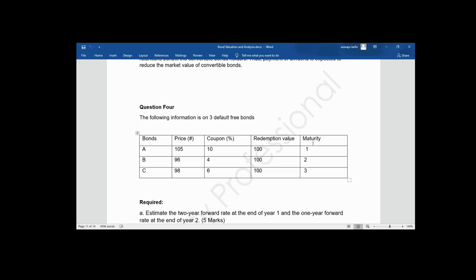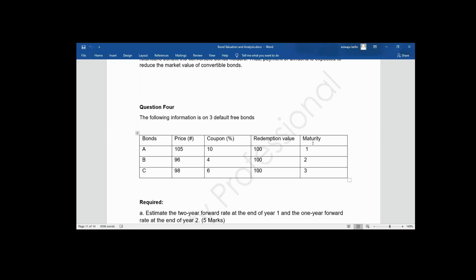Bond that will not default. Default free bond: bond where the issuer will not default repayment and interest payments as and when due. So default free bond are referred to as government debt security. That means bond A, bond B, bond C. These are government debt security.